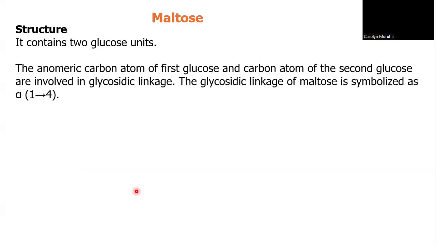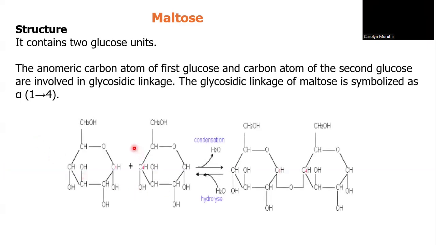So let's look at each disaccharide in detail, and we start off with maltose, and it contains 2 glucose units. So here we see that the anomeric carbon of the first glucose molecule will form a glycosidic linkage with the fourth carbon of the second glucose. And so the glycosidic linkage of maltose that will be formed will be an alpha-1,4 glycosidic bond.